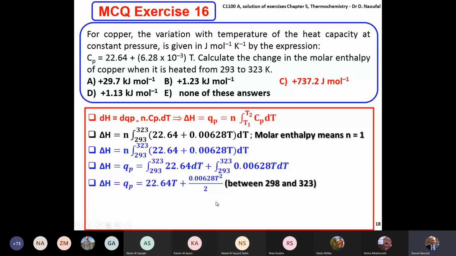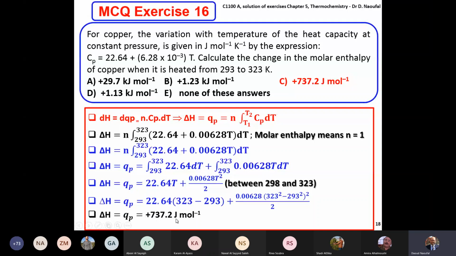We put the temperatures by the values and we obtain delta H in joule. Why? Since in this formula we write delta H as a function of Cp, delta H has the same unit as Cp, and Cp is given in joule per mole per Kelvin. So we obtain the answer in joule, 737.2 joule per mole, and the correct answer is C.